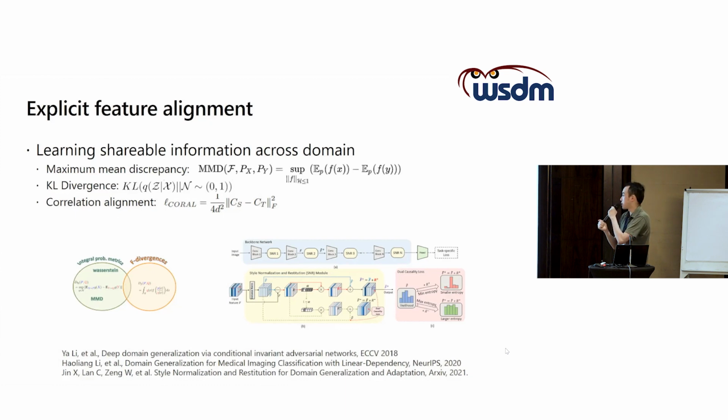So actually, the researchers found out that some of the distribution measurements proved to be quite effective for different kinds of problems. For example, the maximum mean discrepancy, which is a very popular distribution measurement between two domains.